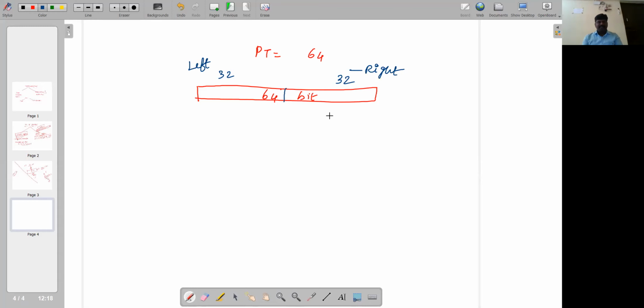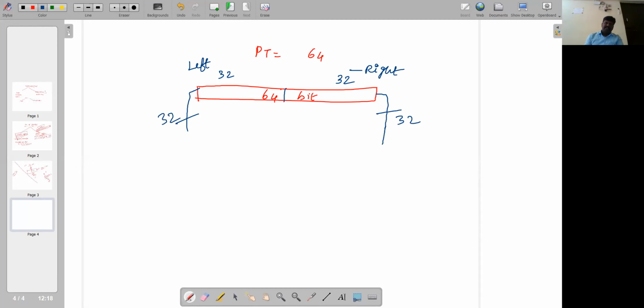Are you clear till this point? My plain text size is 64, and I'm going to divide this into two halves, left half 32-bit, right half 32-bit. Now I'm not going to do any operation with the left half, but I'm going to do some operation with the right 32. So let's assume this is the right 32-bit, and this is the left 32-bit.